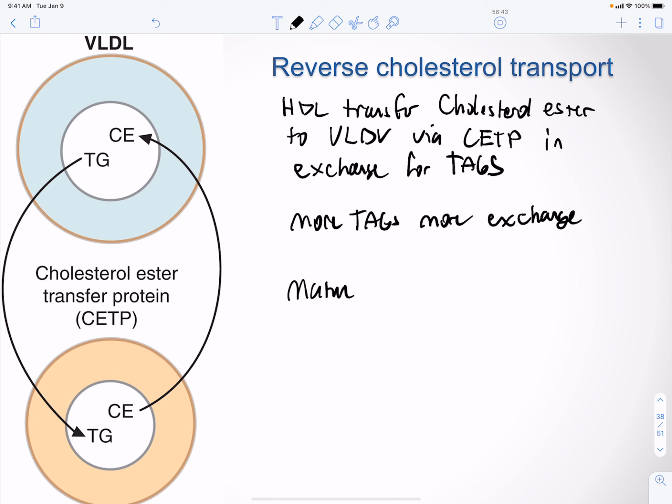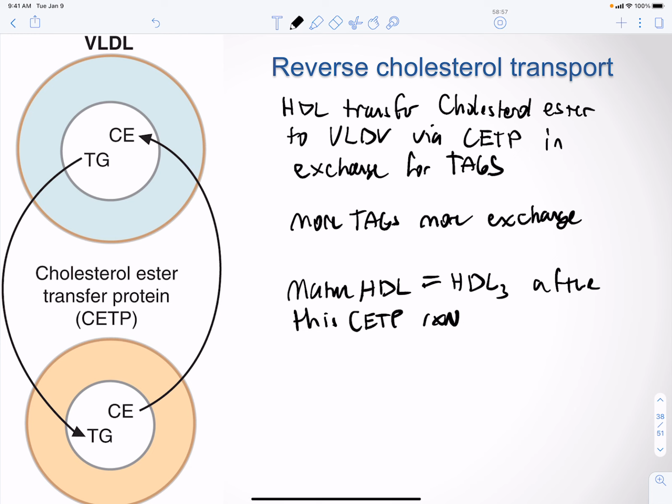Mature HDLs are HDL3 after this CETP reaction. So they lose cholesterol, gain TAGs, and then when they lose cholesterol and gain TAGs, they are HDL2.